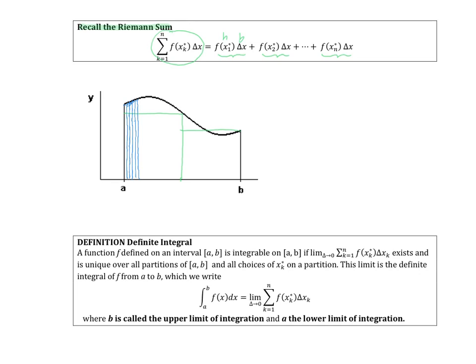Instead of saying delta x, I'm just going to call it delta. What we're going to do is say, okay, what happens as the delta, which when we say delta, we're referring to the width here, gets smaller and smaller and closer and closer to 0 in our Riemann sum?